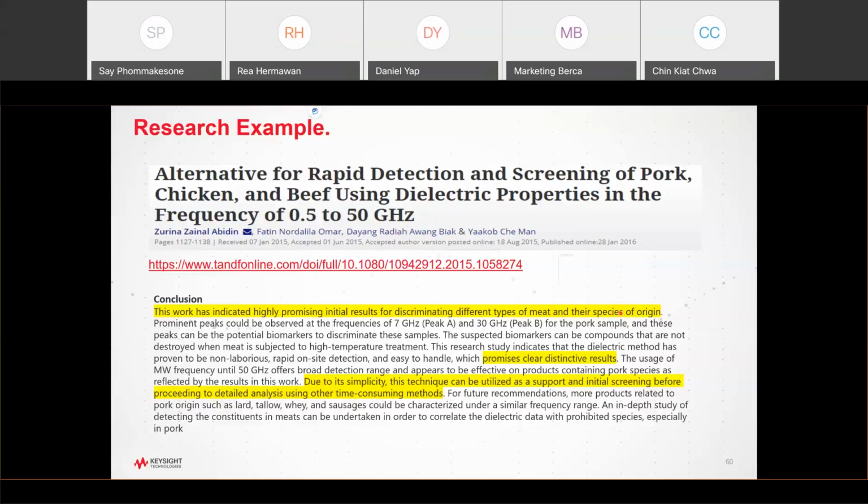It also says that it promises clear, distinctive results. Due to its simplicity, this technique can be utilized as support for initial screening before proceeding to detailed analysis using other time-consuming methods. So it's clear that using the dielectric property is a way to quickly identify certain types of materials.